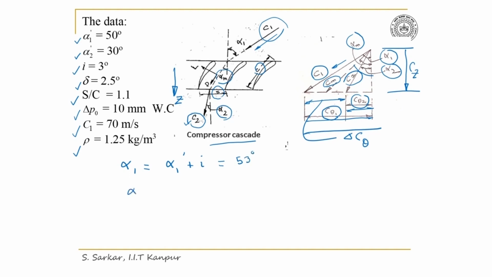Similarly, blade flow angle at exit alpha 2 will be alpha 2 dash plus deviation. So exit flow angle is equal to blade angle plus deviation. So that will be equal to 32.5 degree.